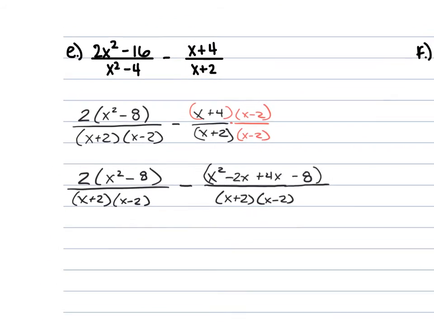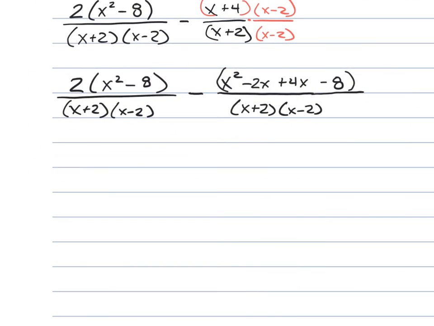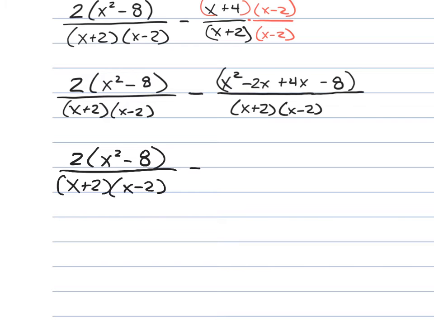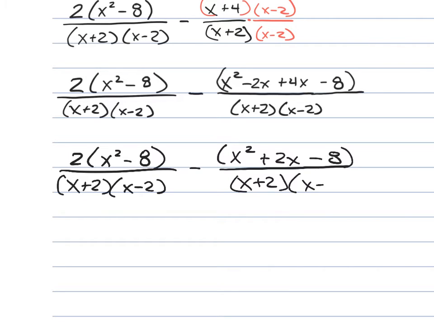Yeah, let's combine some things in the top. I'm rewriting here, I just like to keep it all. Now over on the top right, this is going to become x squared plus 2x minus 8, all over x plus 2, x minus 2.